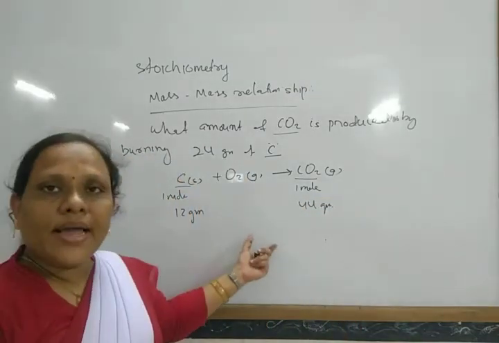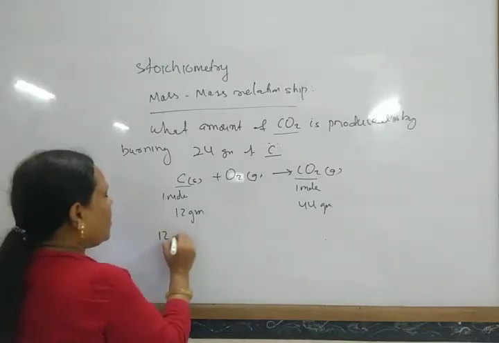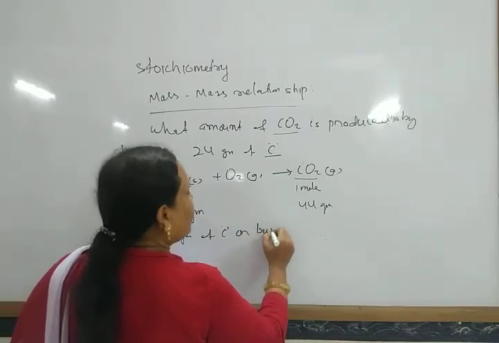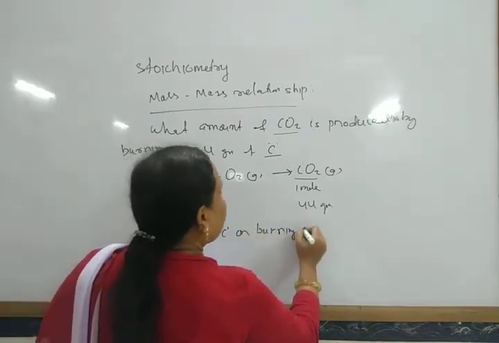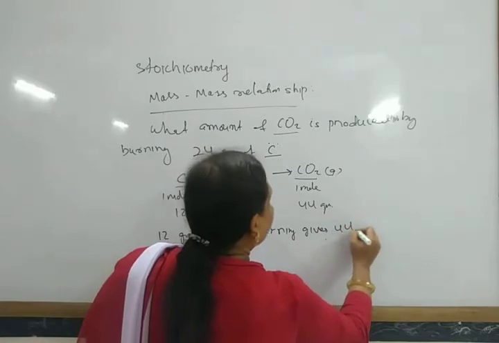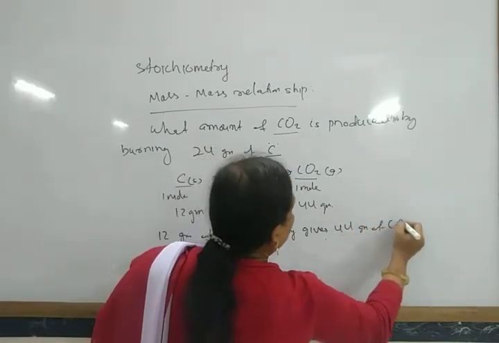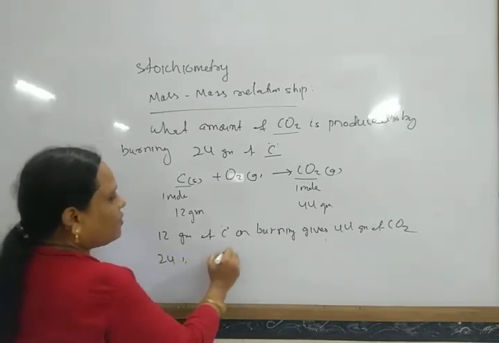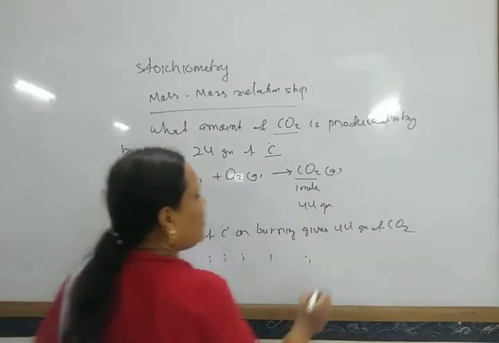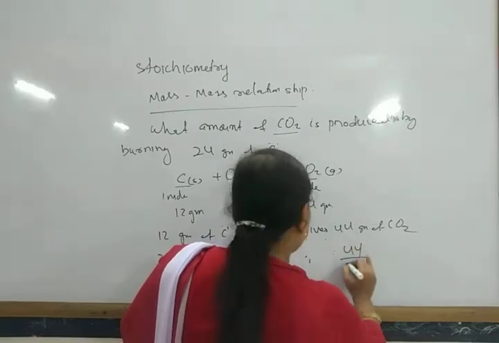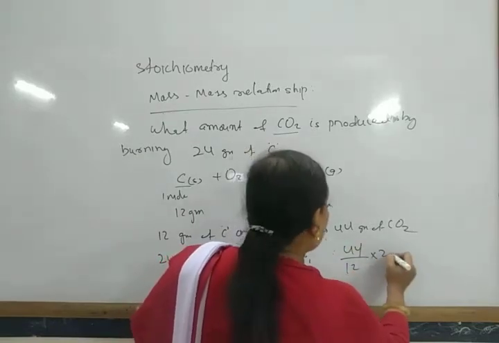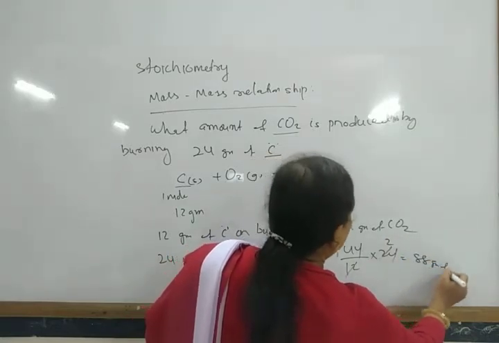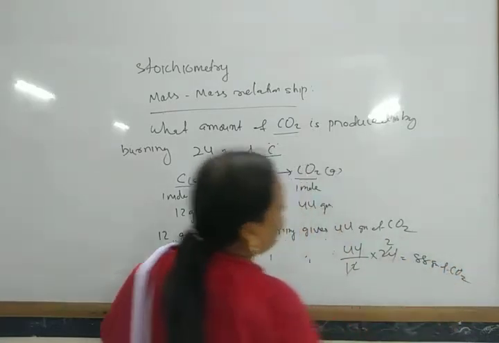Then we have to solve by the unitary method. 12 gram of carbon on burning gives 44 gram of carbon dioxide. Then 24 gram of carbon on burning gives 44 by 12 into 24, that is 88 gram of carbon dioxide.